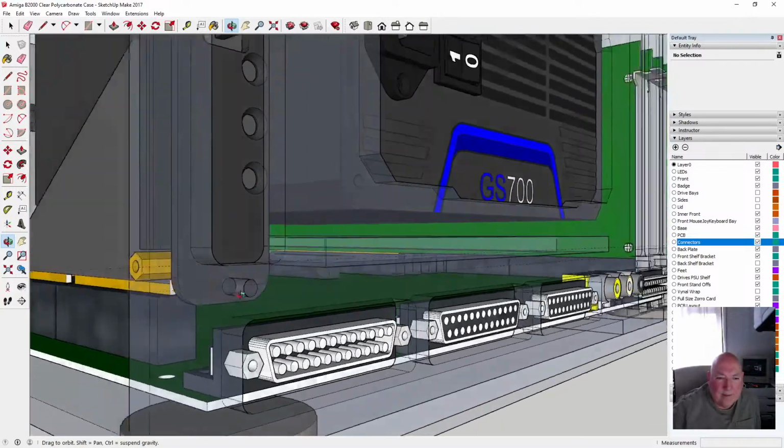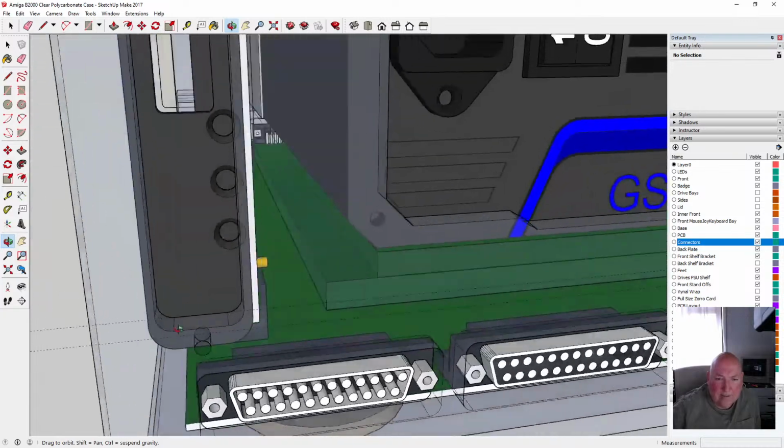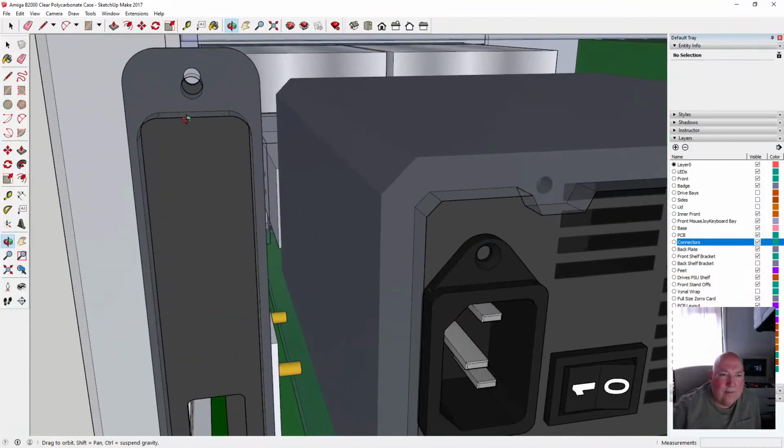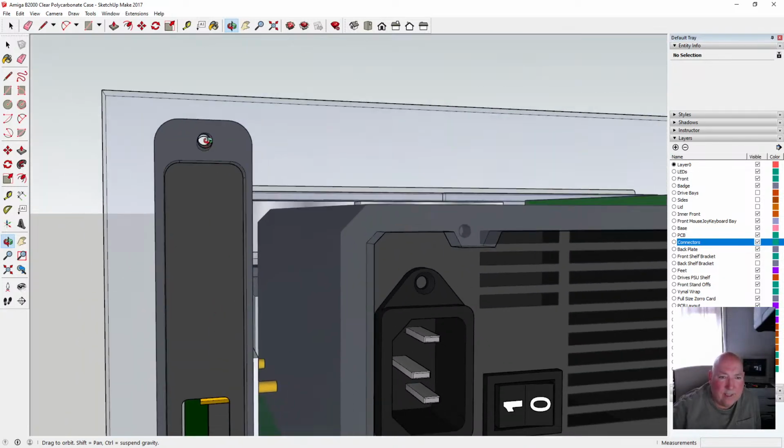So what do we do? We know the hole's in the right place. We know the bottom of the card's in the right place. We're out by a small amount. I could measure the original centre of the hole to the edge of there. Let's do that.